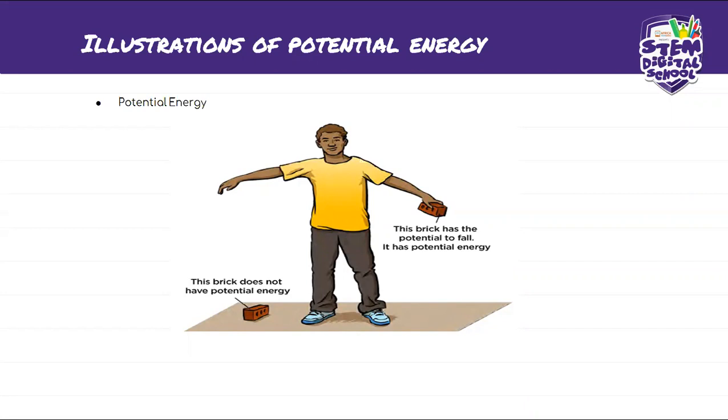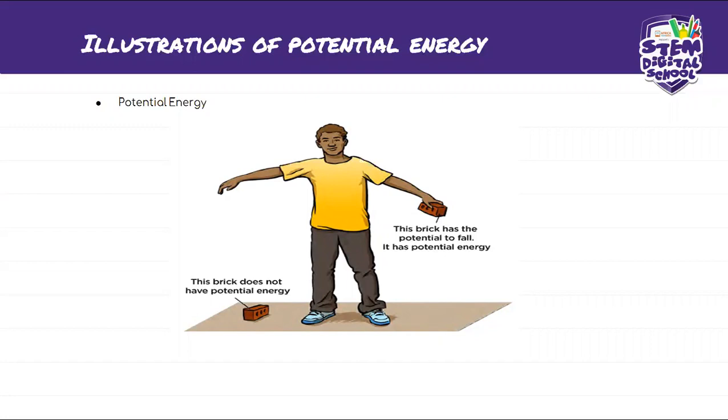So if you are asked to explain why the one that is lying on the ground does not have potential energy, but the one that is lifted a bit above the ground or the mat is having potential energy, it is that this one lying on the ground has got no potential energy because there is no height between the brick and the surface of the earth or the floor. But meanwhile, this one that is raised up has got what? Potential energy because there is a distance between the surface of the earth and that of the brick.